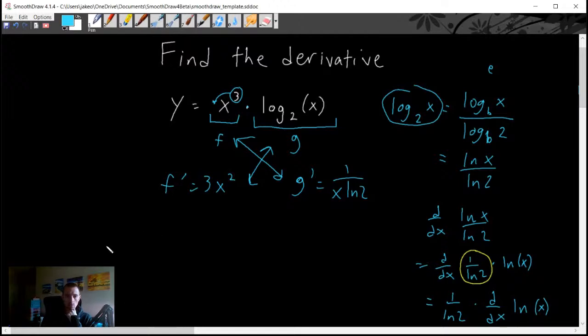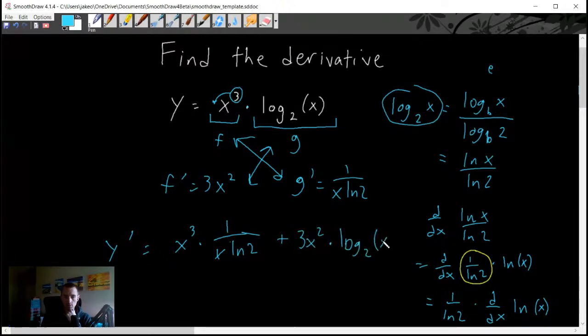So y prime is going to be x cubed times 1 over x ln of 2 plus the derivative of that one times the original of this one. So 3x squared times log base 2 of x.